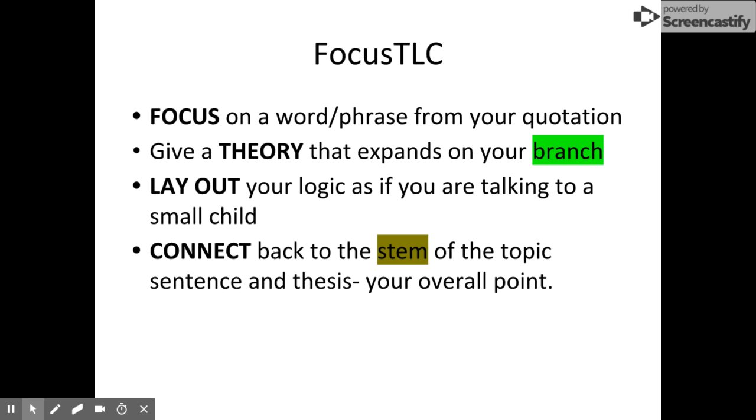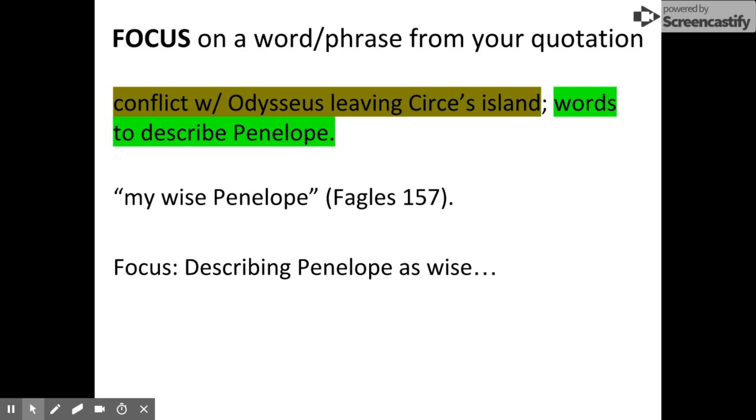So here is going to be an example of me doing it. I focus on a word or phrase, my wise Penelope. I focus on the word wise because that relates back to my branch, words describing Penelope. And here's how I state it. Describing Penelope as wise. I literally quote from my quote.